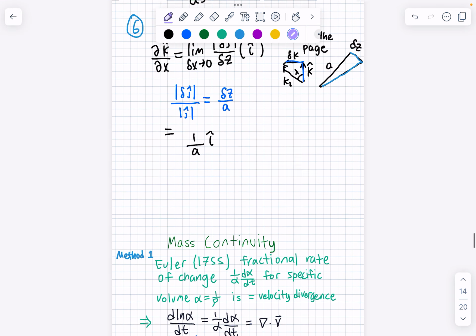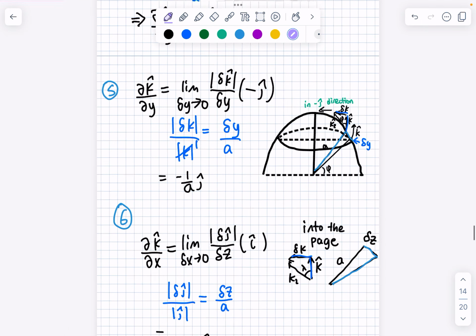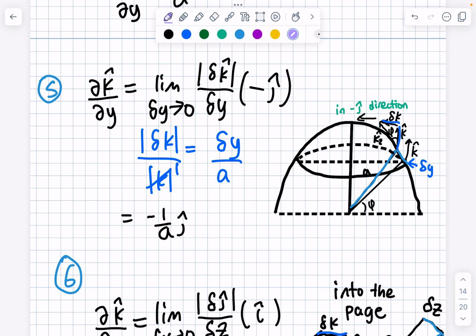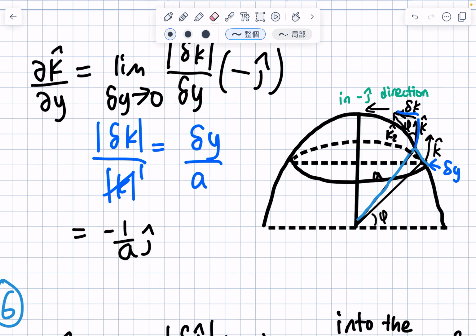Okay. And finally, we're looking at partial k partial y. We write it in a similar form, and we know that it's pointing in the negative j hat direction. Here's k1, k2 is here. I wrote that a little bit off.